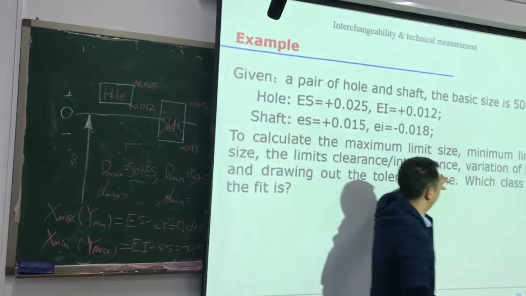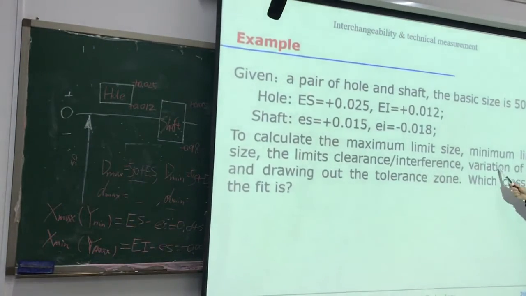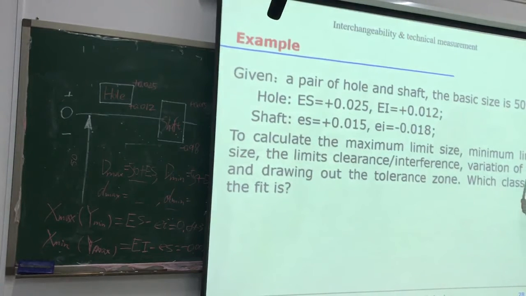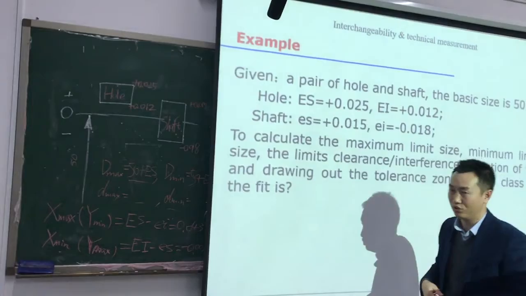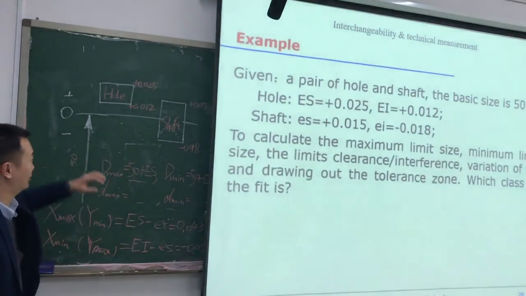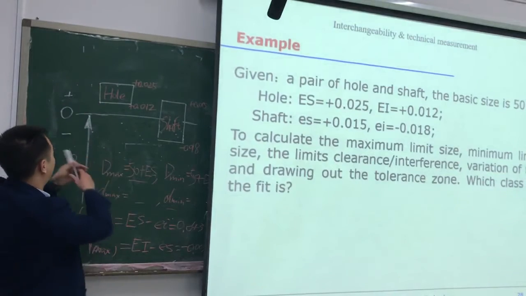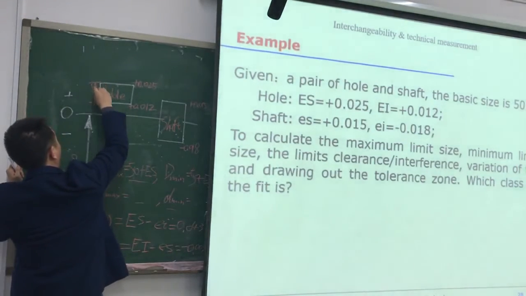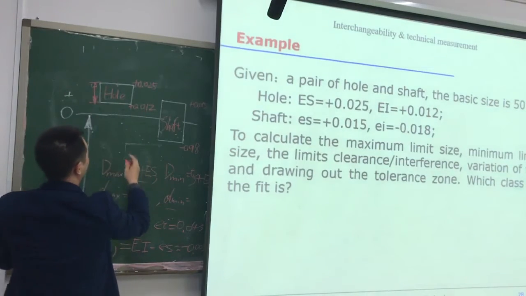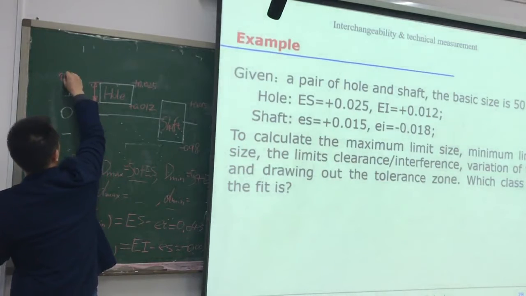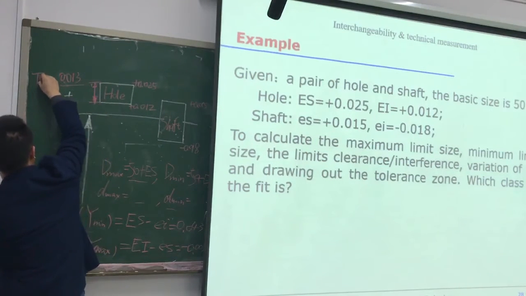Then we come to this question: the variation of a fit. In fact, you can calculate the variation of a fit in two ways. The first way may be simpler. You just find this tolerance. This is TH, right? The TH equals 0.013.